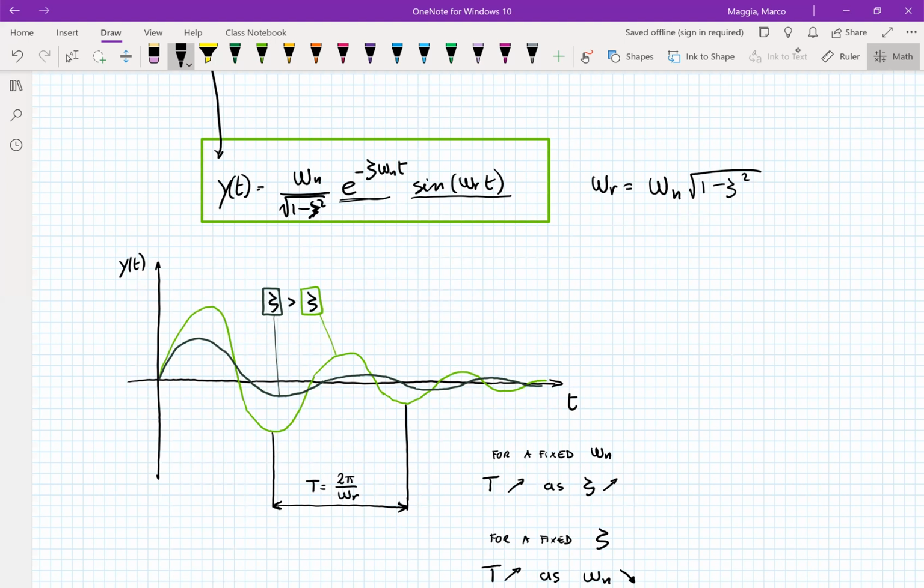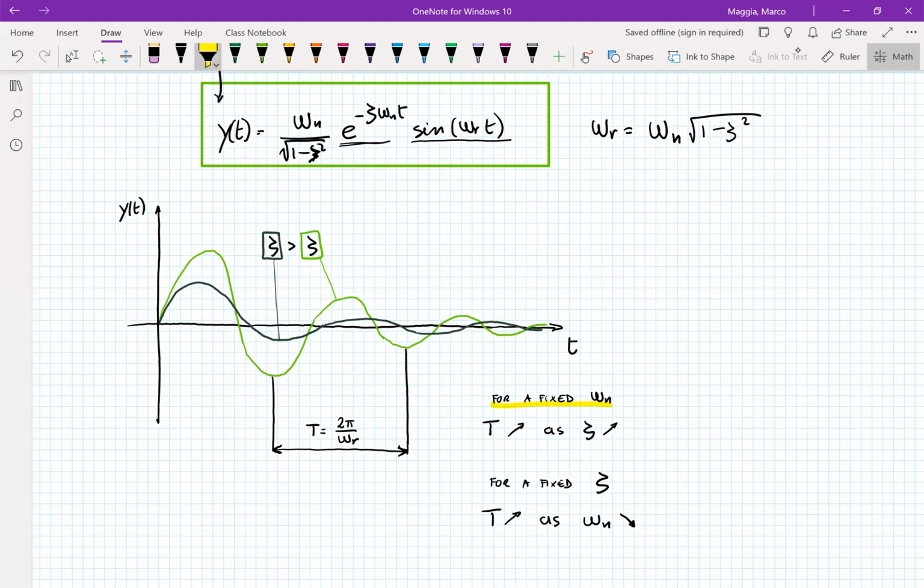And if you were to choose a higher damping ratio, the period of this function would increase. In fact, for a fixed natural frequency, the period, which is 2 pi over omega r now, increases as zeta increases.